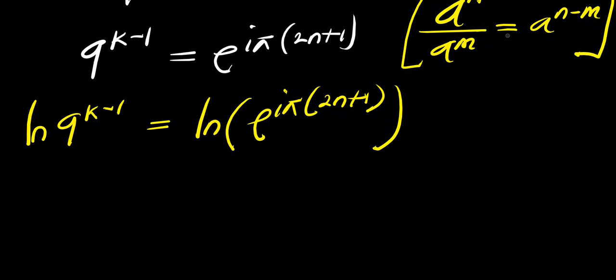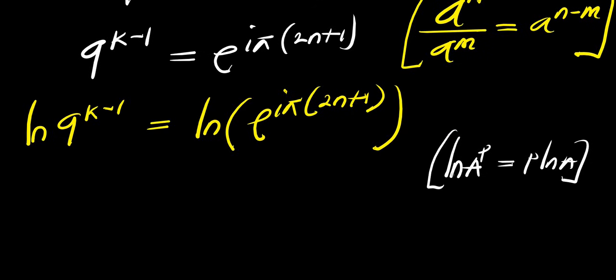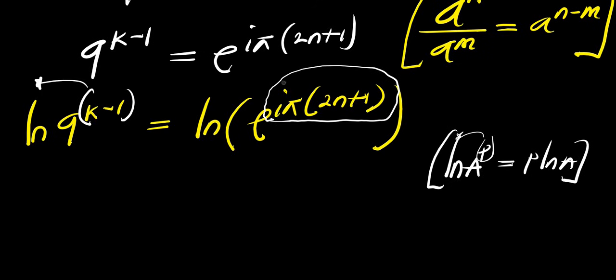And don't forget the fact that if you have natural log of a power p, this equals p times natural log of a. So the p here comes behind the natural log. That means the k minus 1 will come behind the natural log. And also the I times pi times 2n plus 1, the whole of this will come behind the natural log.